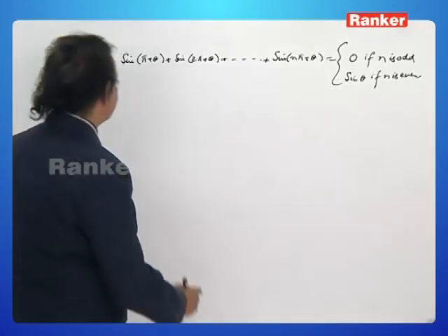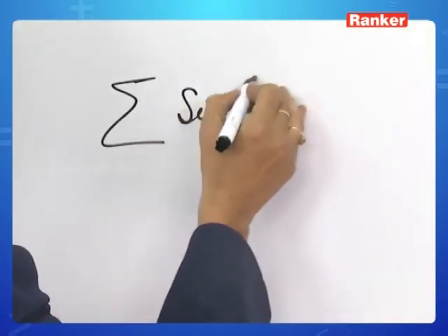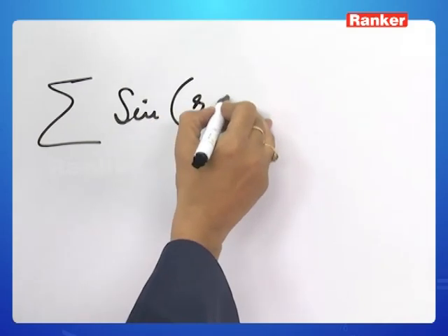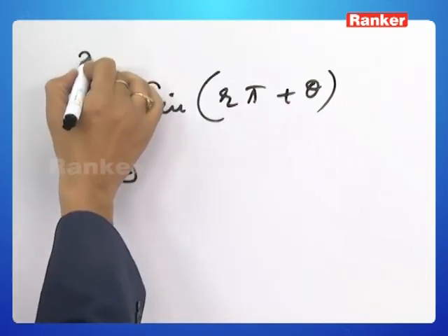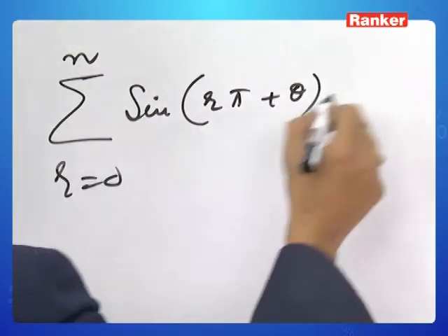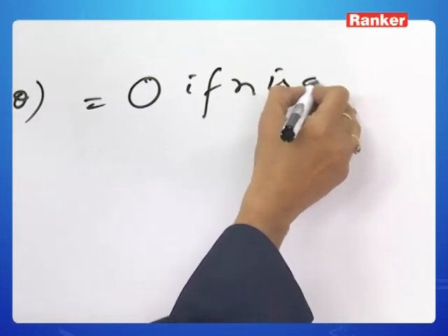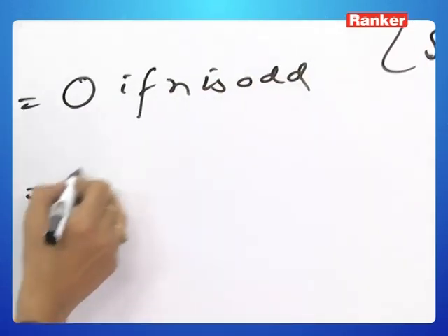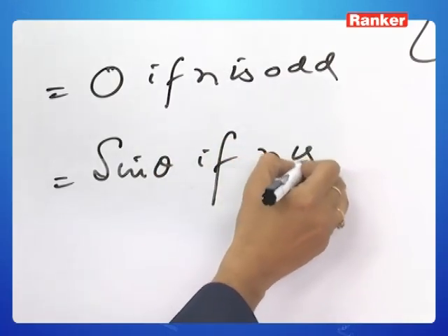The same result can again be stated as sigma sine of r pi plus theta, r is equal to 0 to n, is 0 if n is odd and sine theta if n is even.